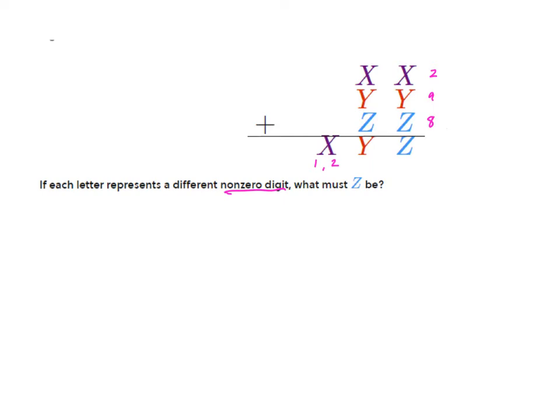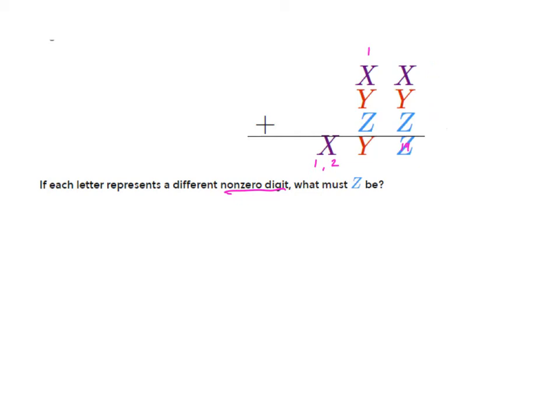So the maximum I could possibly get in this ones column is 19. Of course, I can't put 19 in the ones column, which means I'm always going to be carrying a 1 there. That's the absolute most I could carry. I could not carry a 2.